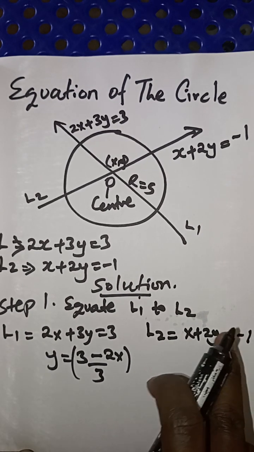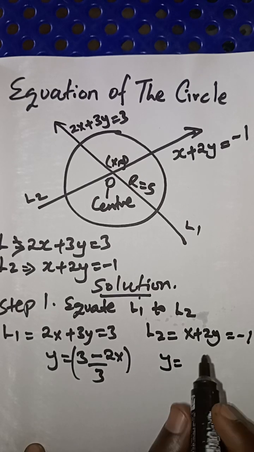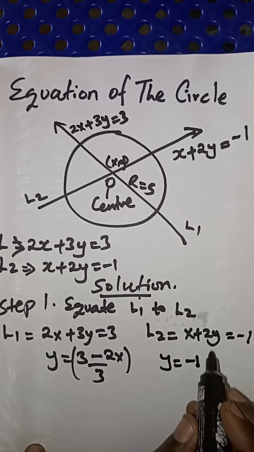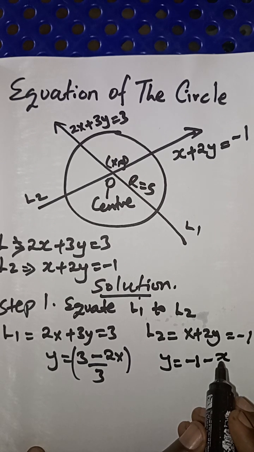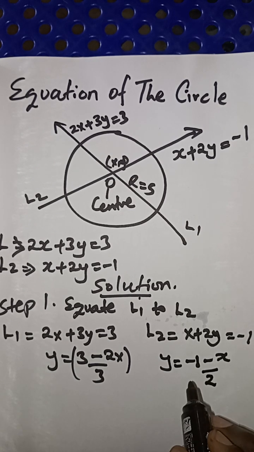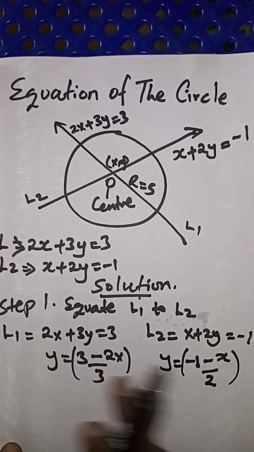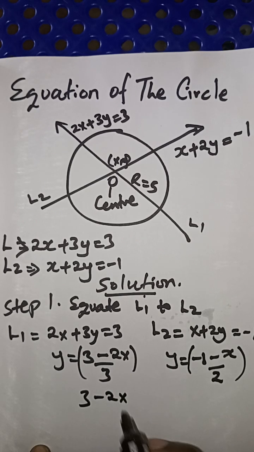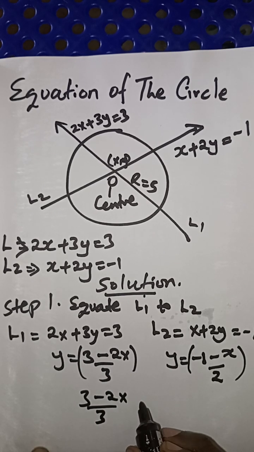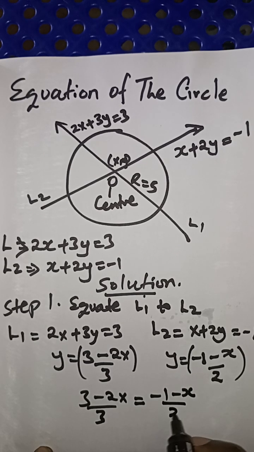Also, I'm going to make y the subject here, so that y equals (-1 minus x) over 2. So equating these together, I end up with (3 minus 2x) over 3 equals (-1 minus x) over 2.